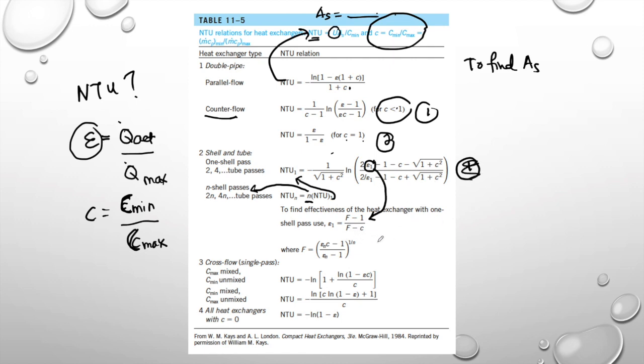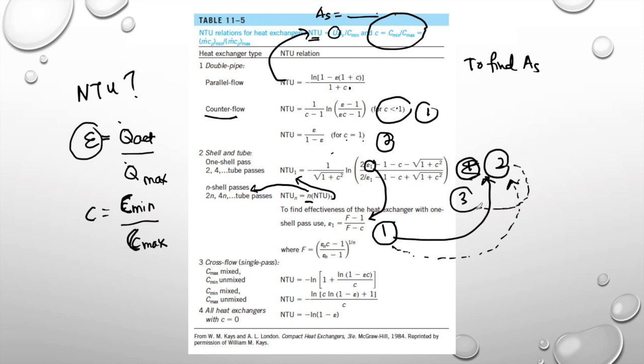So the process is you have to calculate this number 1 and then jump to this if you have 1 shell pass. Okay, 1 shell pass, 2, 4 tube passes, then stop. If you have 2 shell passes, 2 and 4 tube passes, then your step will be 1 to 2, and then this is 3, and then you will go to 3.